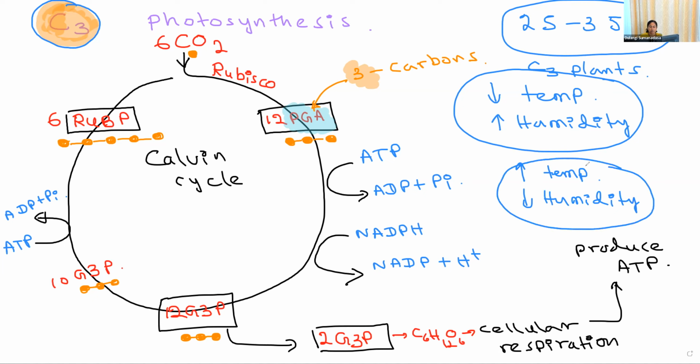Sometimes if the temperature increases beyond 35 degrees, plus the humidity needs to drop, that means it needs to be very, very dry condition, then the C3 plants need to close their stomata. Then they will undergo photorespiration. Right? I don't have space. I'm going to go to the next page.